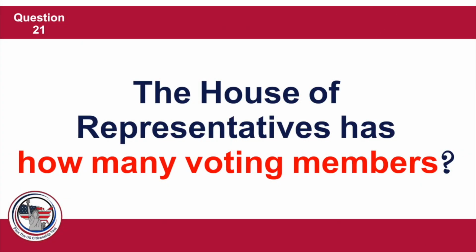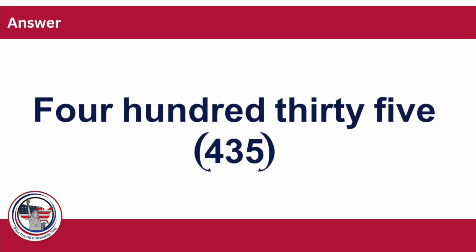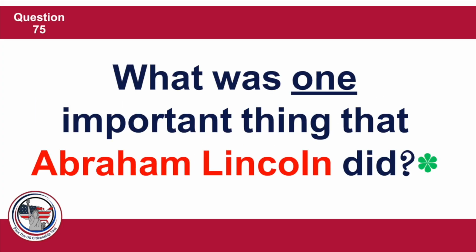The House of Representatives has how many voting members? 435. What was one important thing that Abraham Lincoln did?